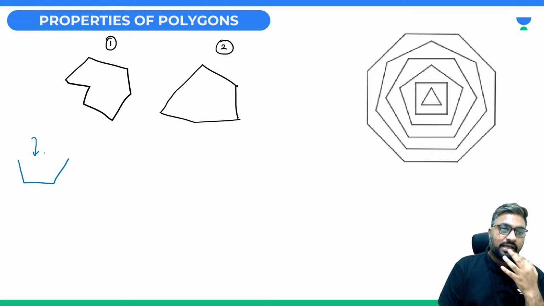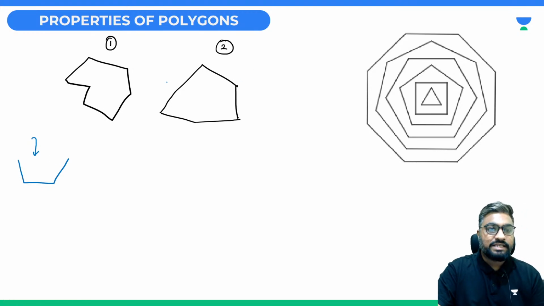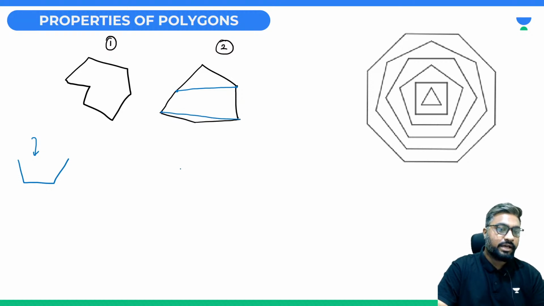Number two, another thing about a polygon is, if you are joining any 2 points in a polygon, that is, if you are forming a diagonal, the diagonal must always lie within the polygon. For example, here if I join this vertex and this vertex, the line lies within the polygon, correct?